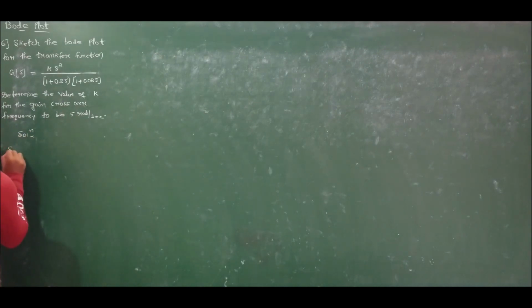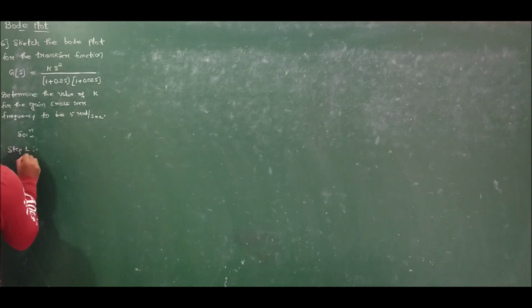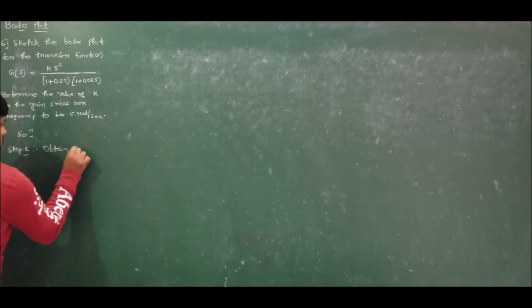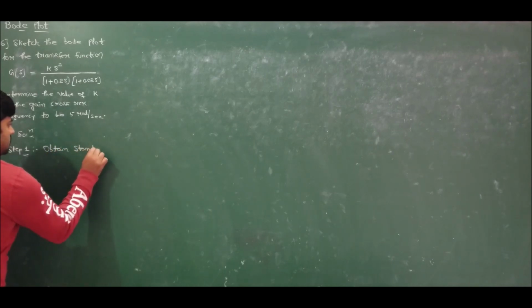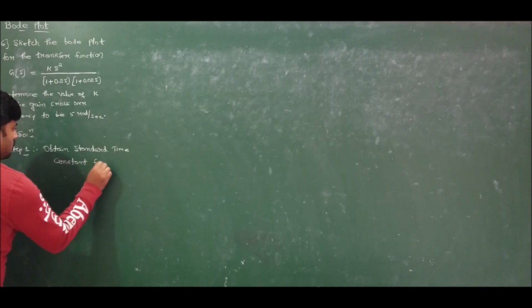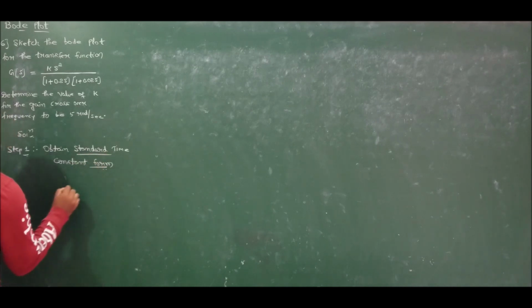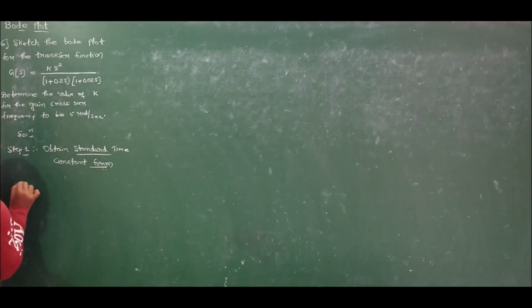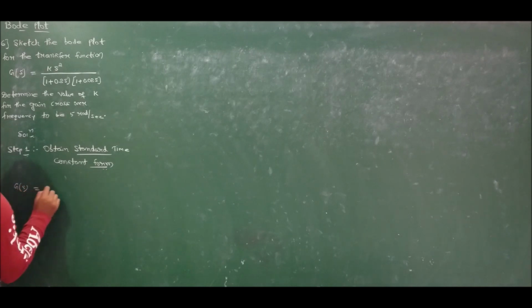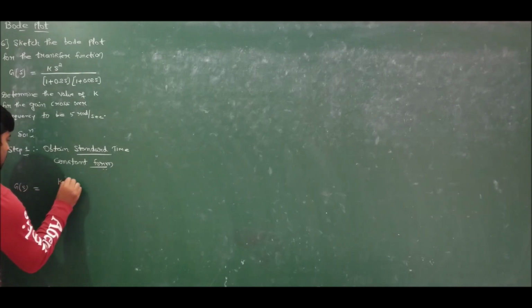as usual in step 1, obtain the standard time constant form of the given problem. The given problem itself is in standard time constant form. No need to worry. So therefore, write it as it is.